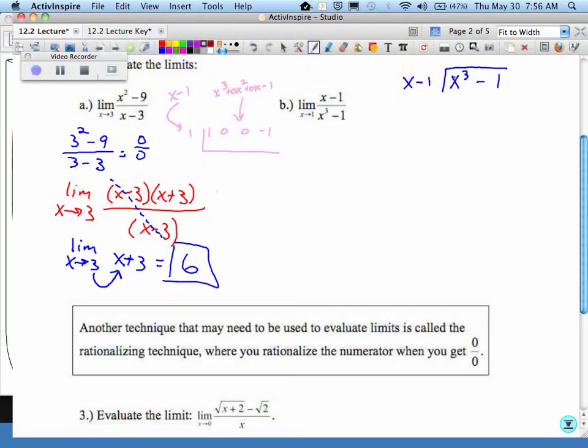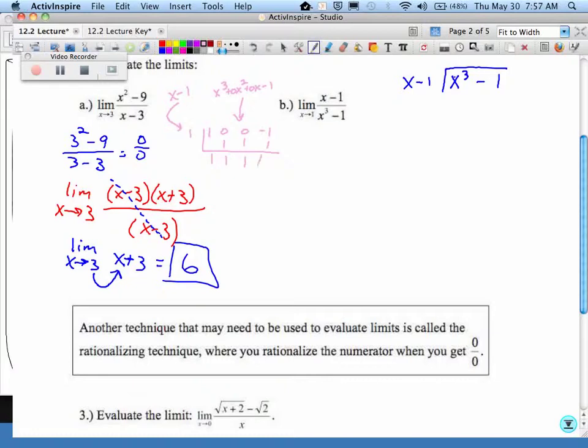I'm not actually doing the division that's in the problem. I'm seeing if I can find what's left over. So if the 1 drops through, 1 times 1 is 1, 0 and 1 is 1, 1 times 1 is 1, 0 and 1 is 1, 1 times 1 is 1, and it worked.